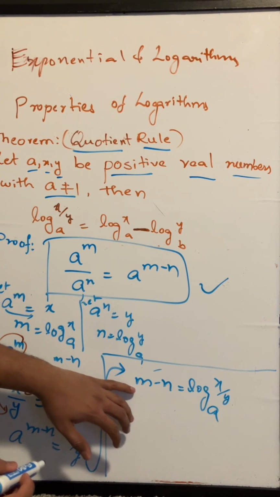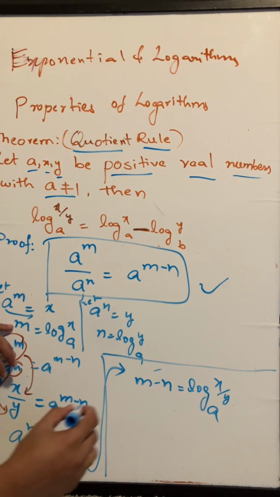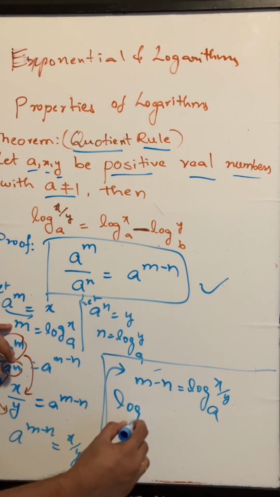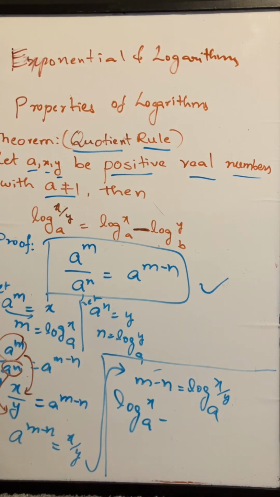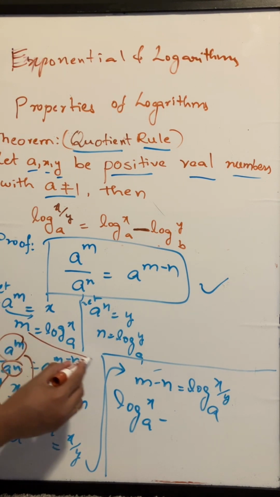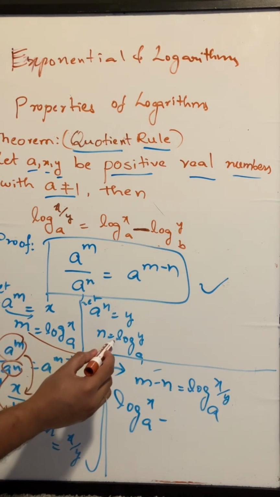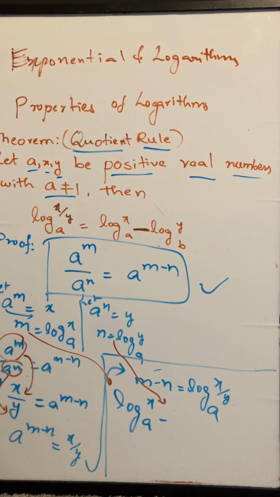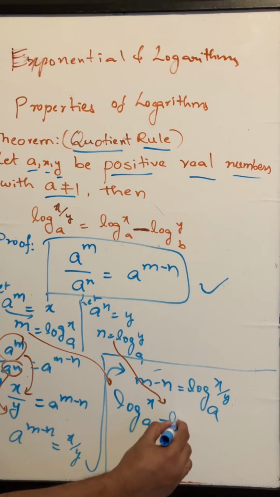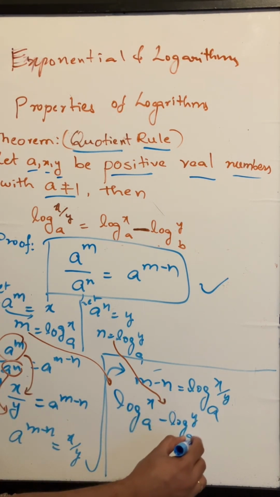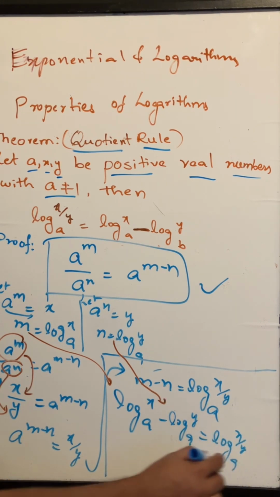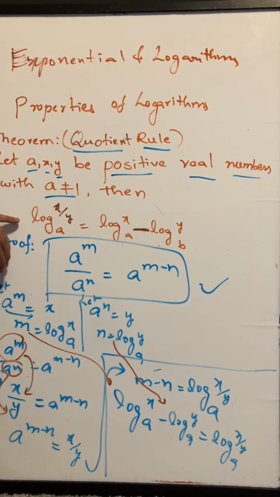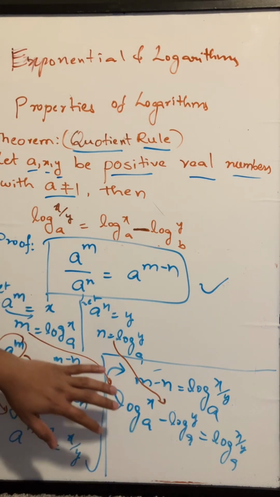We know what m is. m equals log x base a, and minus n, I'm copying from here, log y base a, equal to log of x by y base a. We proved this one. So that's what it means.